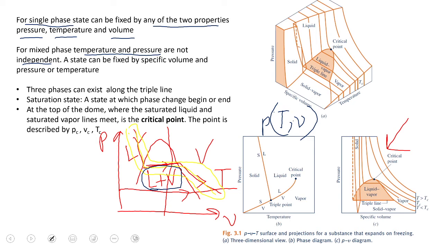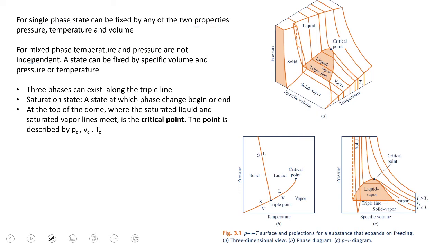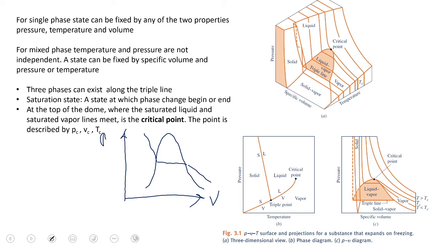I'll draw this diagram again. Pressure versus volume. This is a vapor dome and this is the line of constant temperature. So in the mixed region, let's say this point over here, the pressure and temperature are not independent.